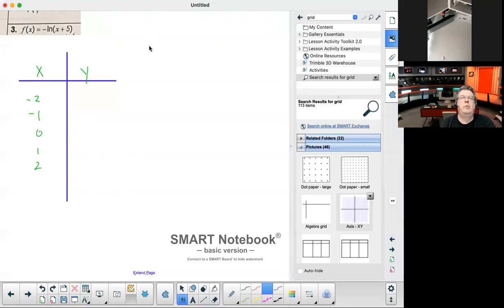Okay. So basically, we're finding f of -2 equals negative natural log of -2 plus 5, right? So that's just negative natural log of 3, right? So then we just crank it in our calculator.